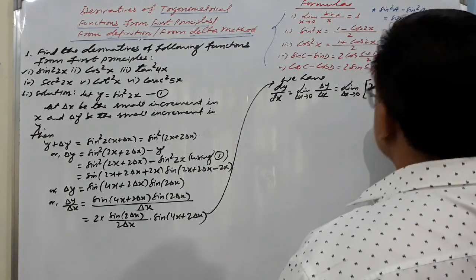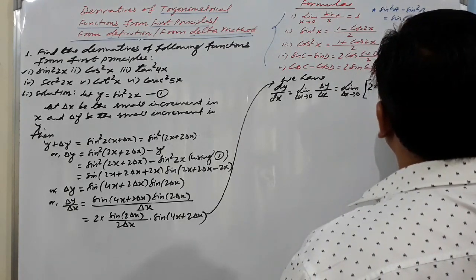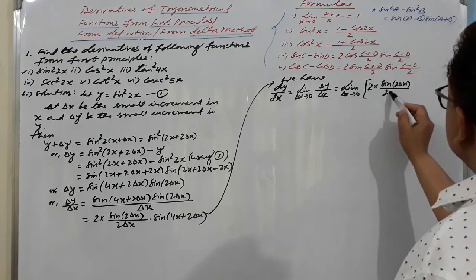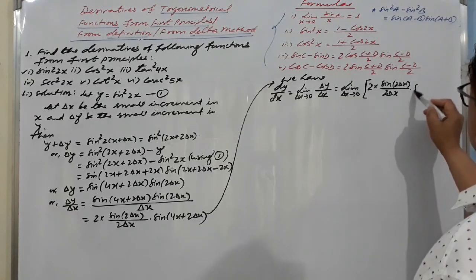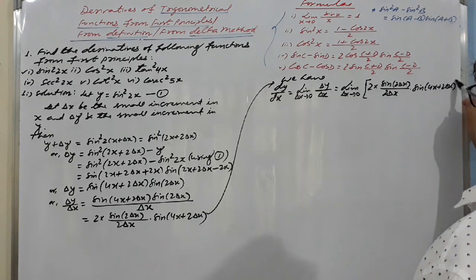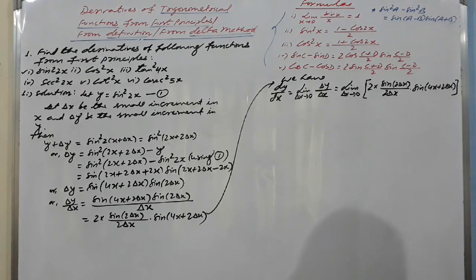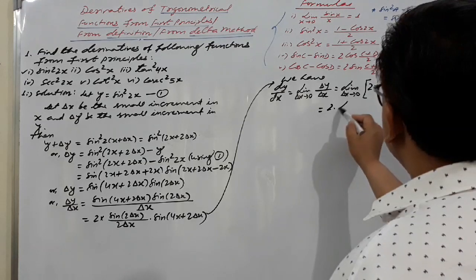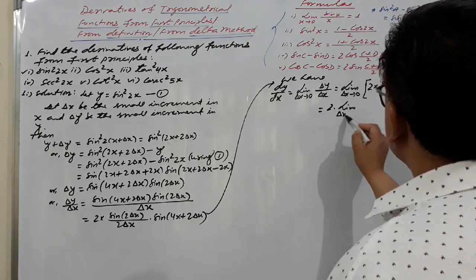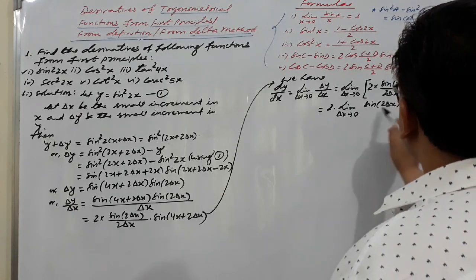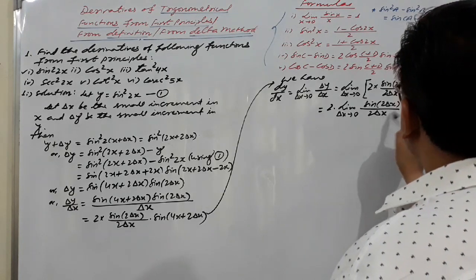2 times sine 2 delta x over 2 delta x times sine of (4x plus 2 delta x), bracket closed, is equal to 2 times limit delta x tends to 0 of sine of 2 delta x over 2 delta x.